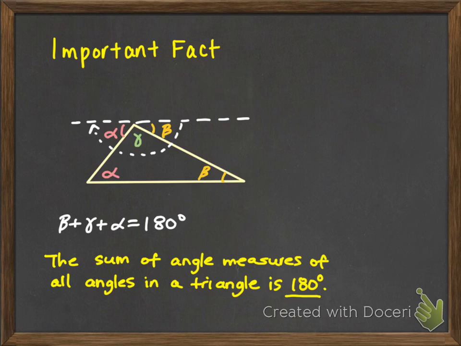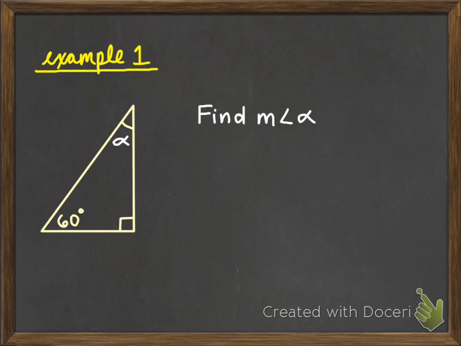So let's use this to solve some problems. Let's look at this example 1. Now we are given a triangle and we have this missing angle alpha and we want to find the measure of it. So the first thing we should note is that here we have a square which represents a right angle which represents 90 degrees. So we can say, using our important fact, that 90 degrees plus 60 degrees plus whatever the measure of angle alpha is going to equal 180.